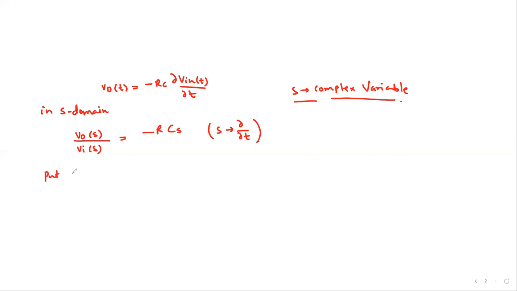Now we put S equal to j omega to obtain the magnitude and the phase. So we can write that VO of j omega over Vi of j omega is minus j omega RC. That's the final expression for the transfer function.